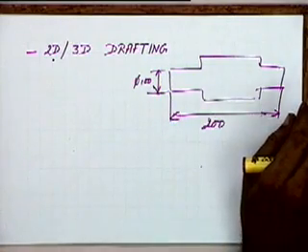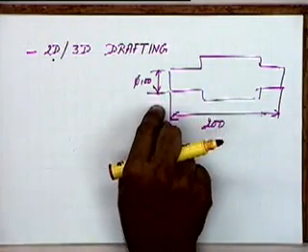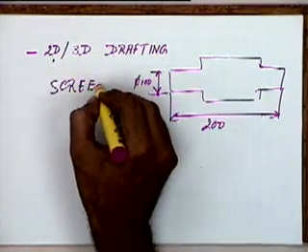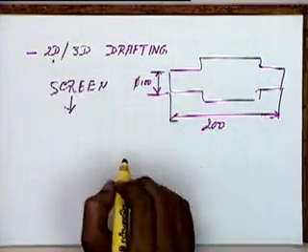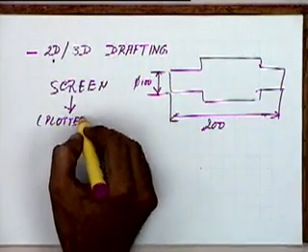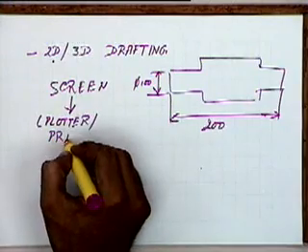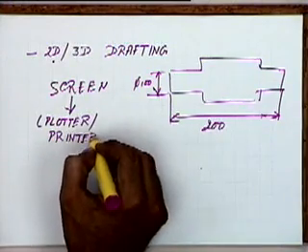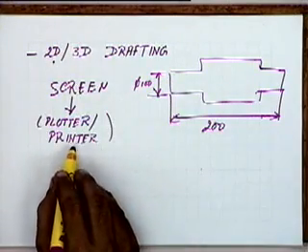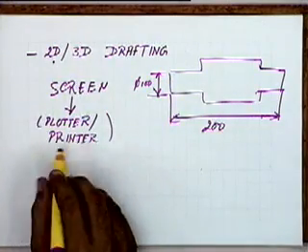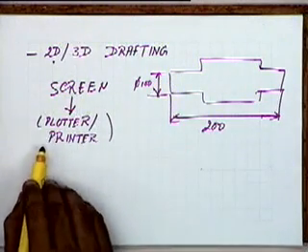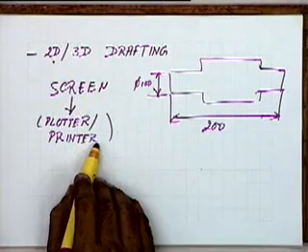on the computer. Once we make a complete figure on the screen, from the screen I can take a printout using maybe a plotter or a printer. So that is where CAD specific hardware comes into the picture. We have specific hardware meant for plotting and specific hardware meant for printing.